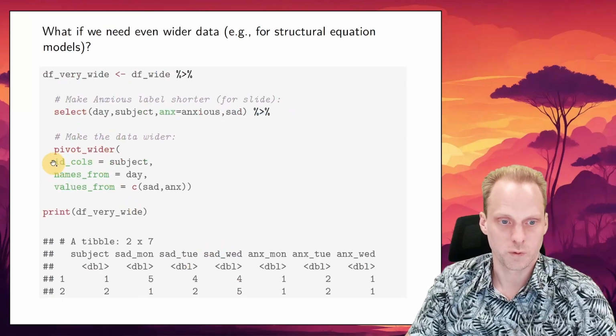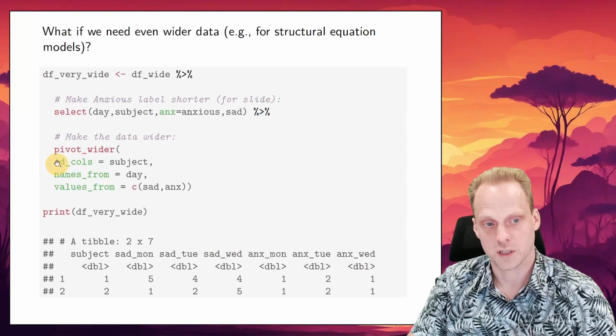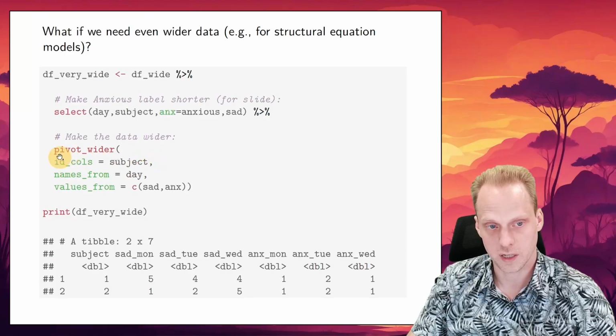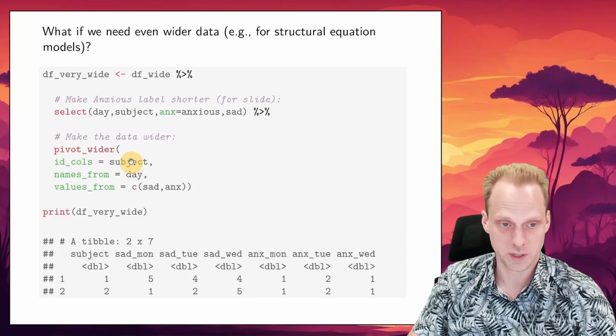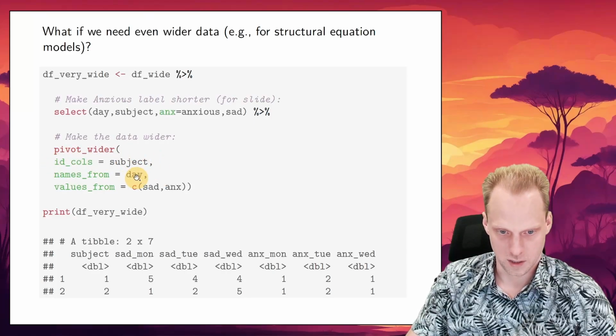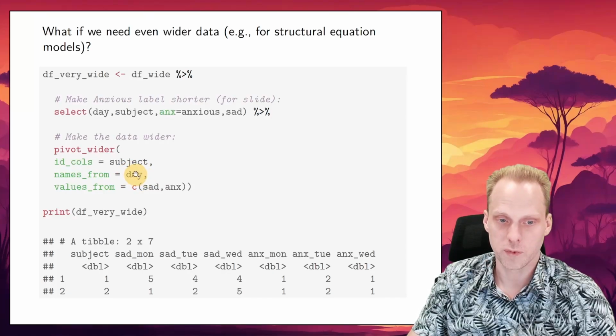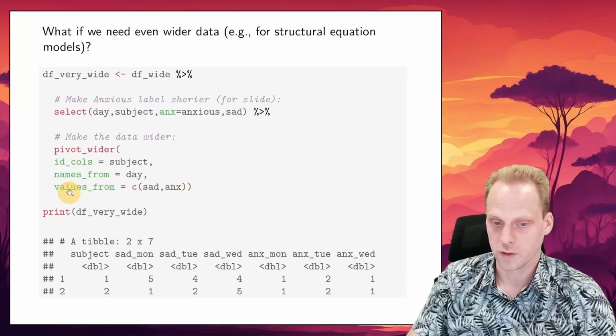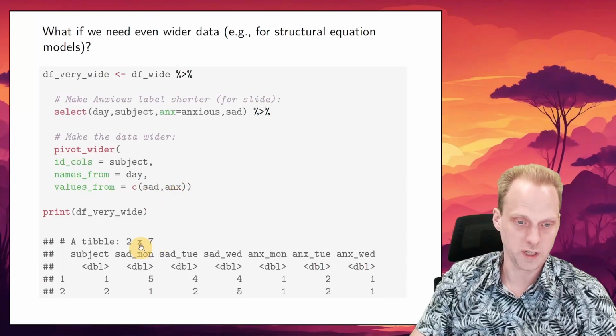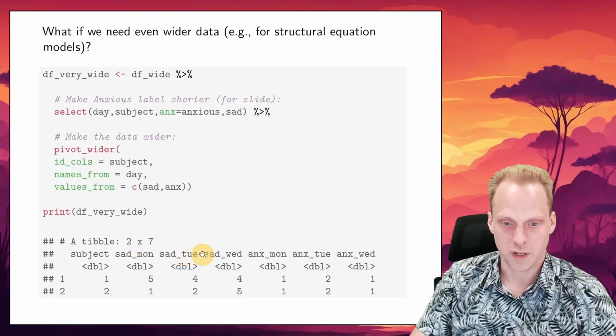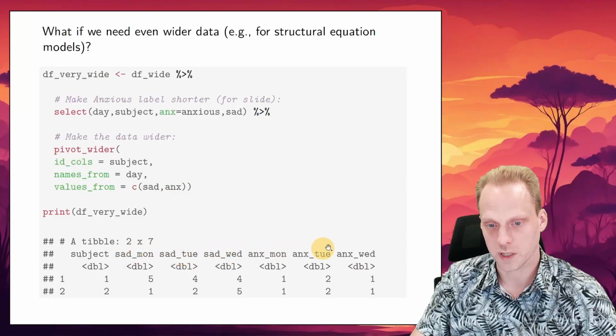And so what I tell tidyr now is I want a wider data with one row for each unique subject. Use the information in the day variable to name the columns and use these values. And what we see here is that tidyr automatically figured out to name columns like this.